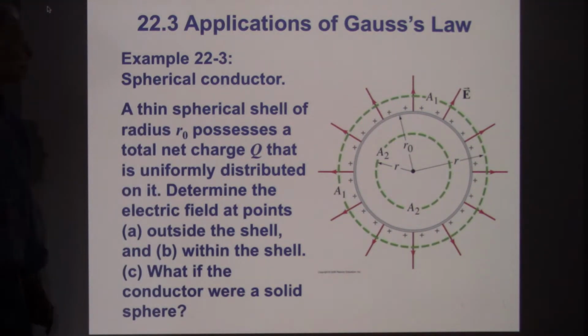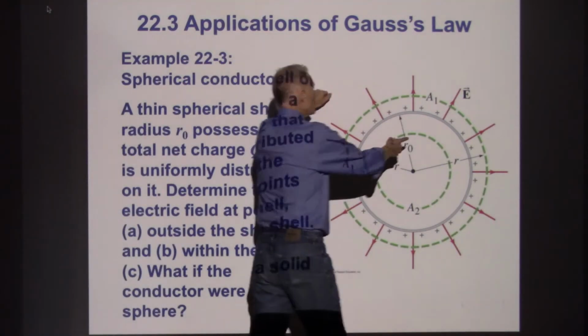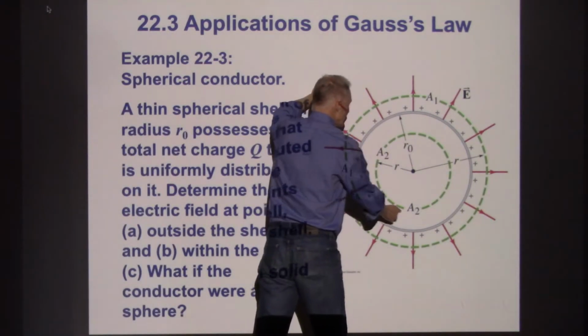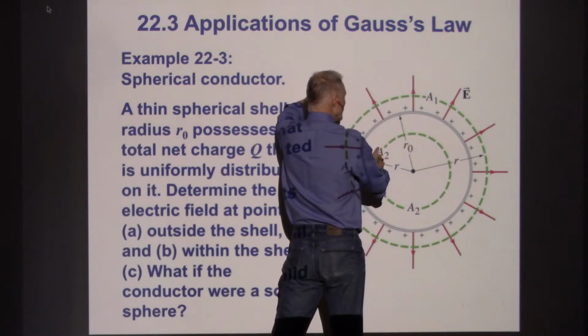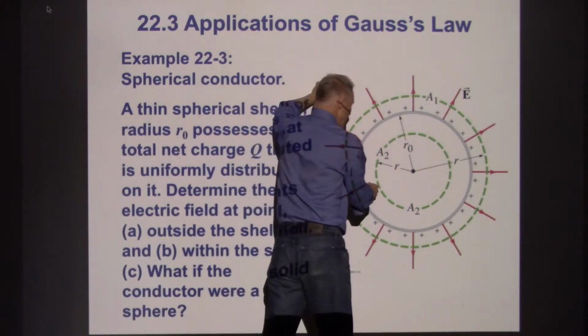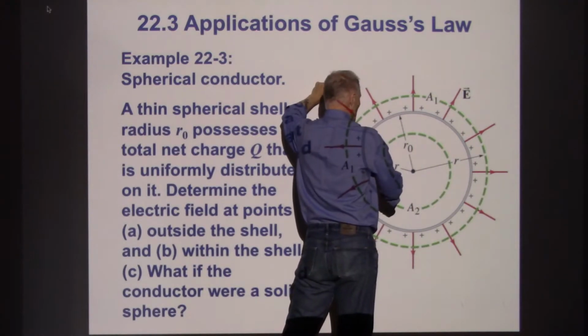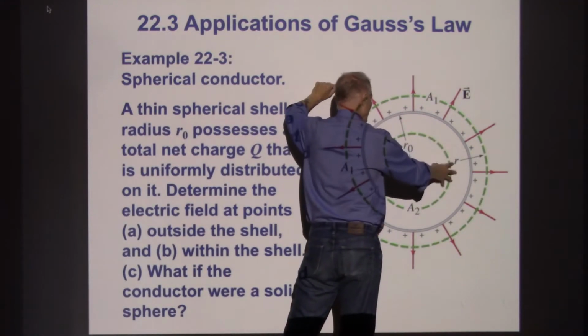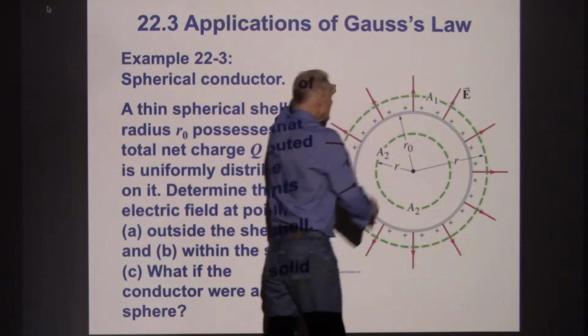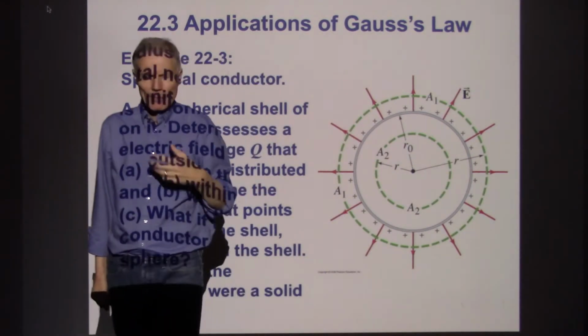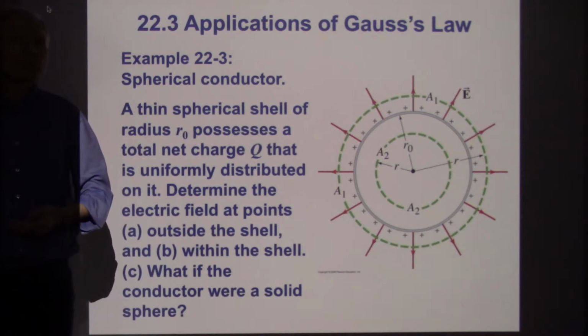And here's why. Any Gaussian surface that I draw inside here, by symmetry, the electric field has to have the same value everywhere. Well, since there are no electric field lines anywhere, there is no flux and there's no electric field, so the electric field is zero.